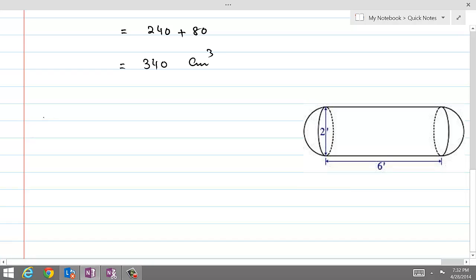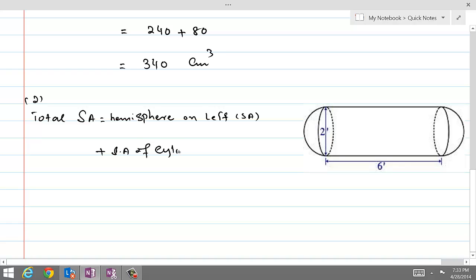For this, question number 2, the total surface area is equal to the surface area of the hemisphere on the left, the surface area of the cylinder in the middle, plus the surface area of the hemisphere on the right.